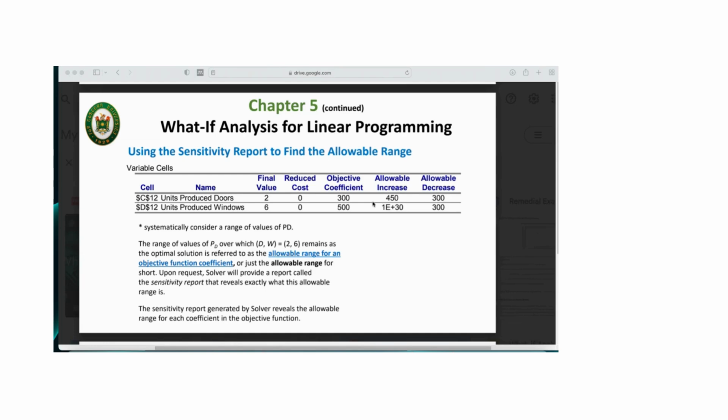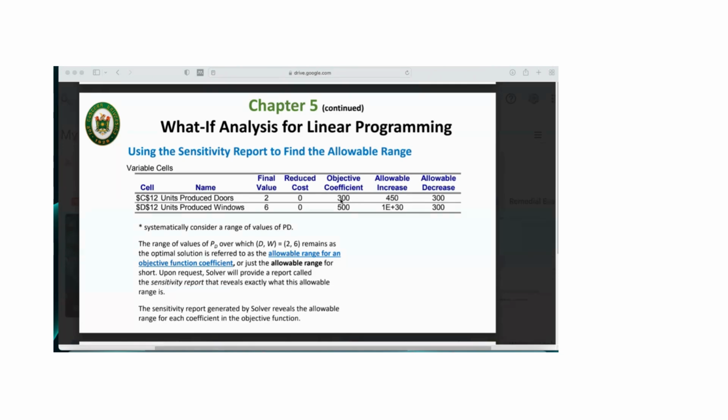It means you can increase this 300 by 450 and still have the optimal solution of 2 and 6. But you don't change them both. It will remain 500 for the windows unit profit.